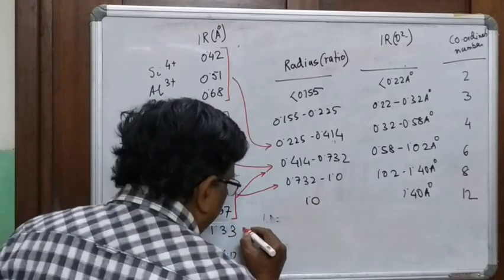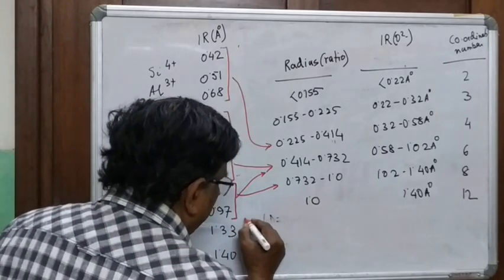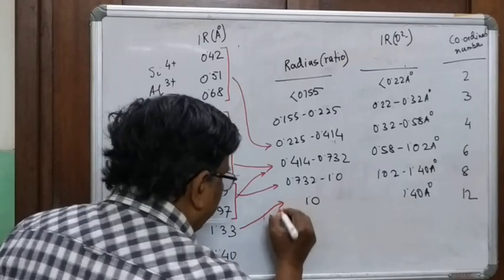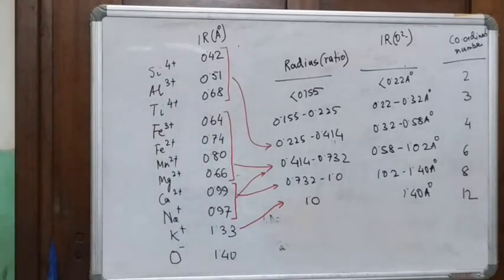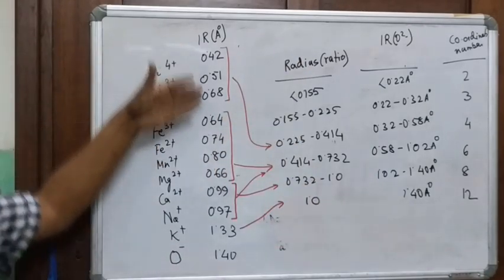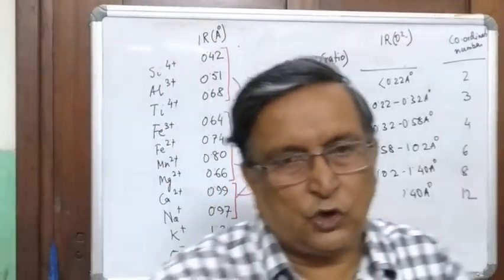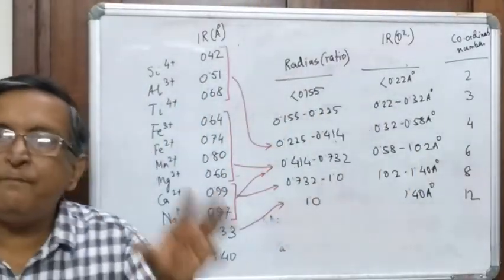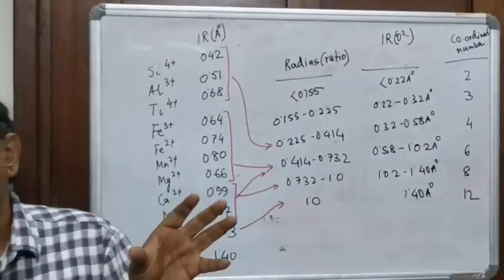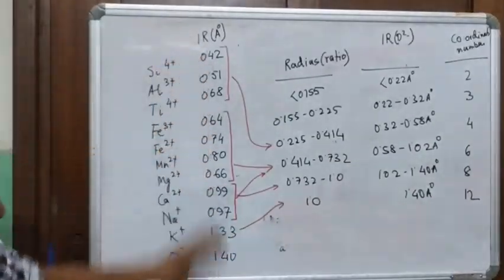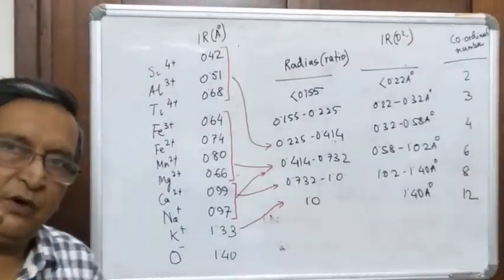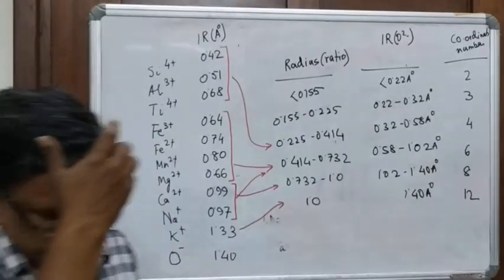And all those here is this one. This can go to 12 crystallographic sites. So that is what happens here. So all these cations are not arranged or replaceable at the same position of a crystal structure. It doesn't happen that way. So these cations occur at specific places within a crystallographic lattice.